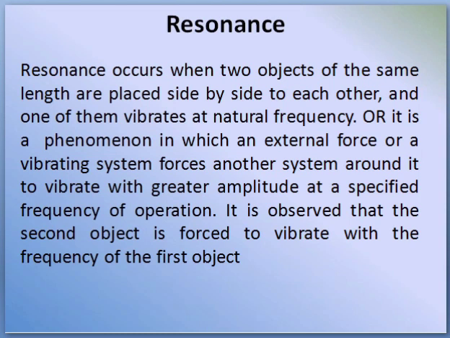Or you can refer to it as a phenomenon in which an external force or a vibrating system forces another system around it to vibrate with greater amplitude at a specific frequency of operation. From this explanation, you observe that the second object is forced to vibrate with the frequency of the first object.